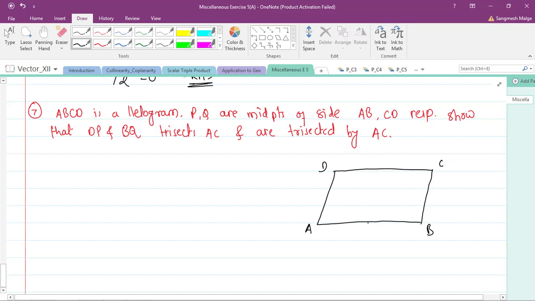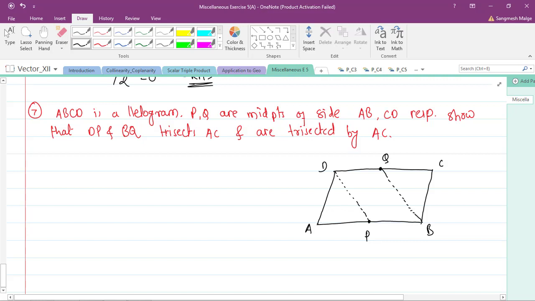So the midpoint of AB is this and the midpoint of DC is this somewhere. So this is P and this is Q. Show that DP and BQ. So let's join DP and BQ. So this is DP and BQ is this. Okay, so DP and BQ are trisected by AC.